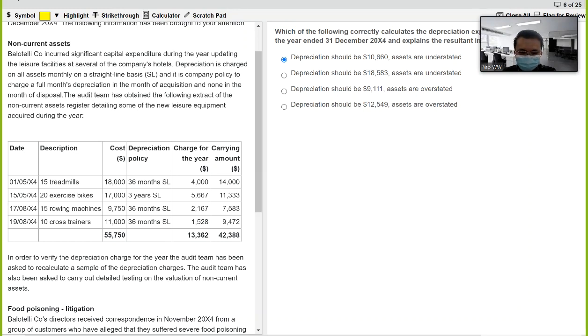So from May until December, how many months? 8 months. Cost is 18,000. Is it really 4,000 for the depreciation? 18,000 times 8 months out of 36 months. Yes, 4,000 is correct.